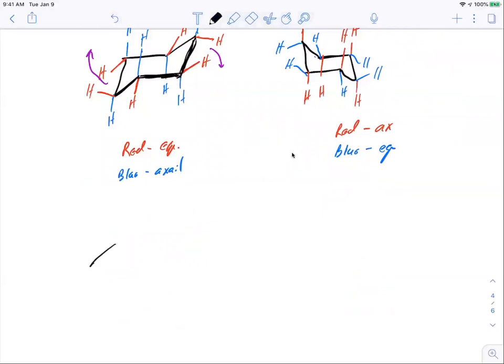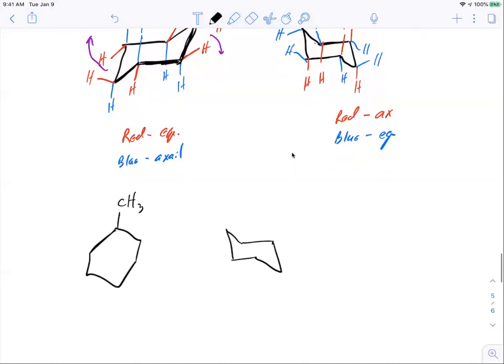So now let's take and look at this molecule. So we draw our chair, and now I have a methyl group on here.